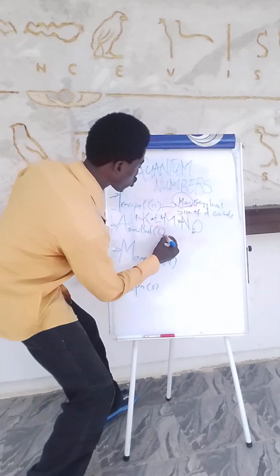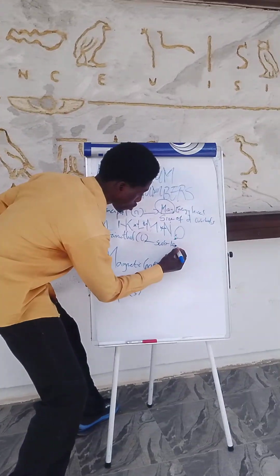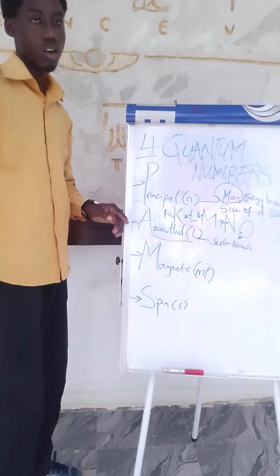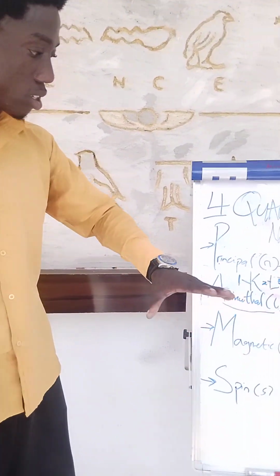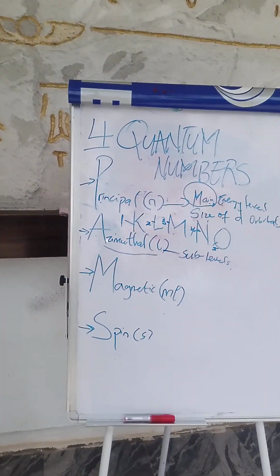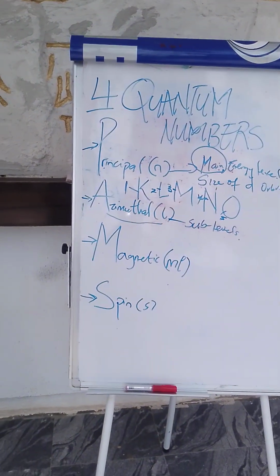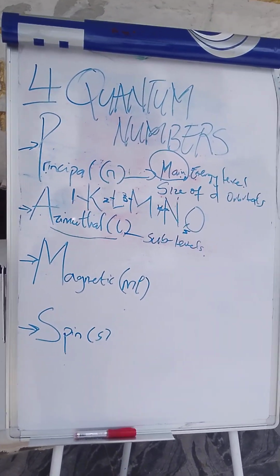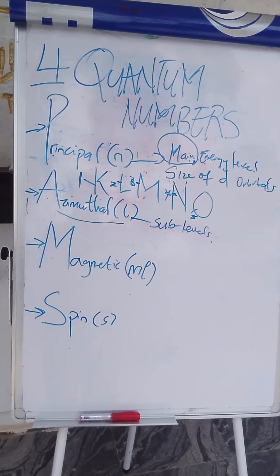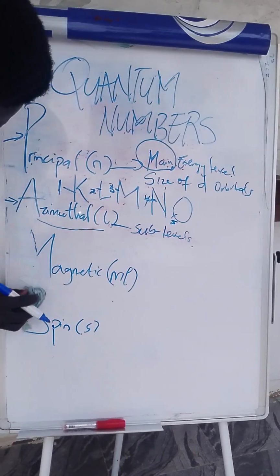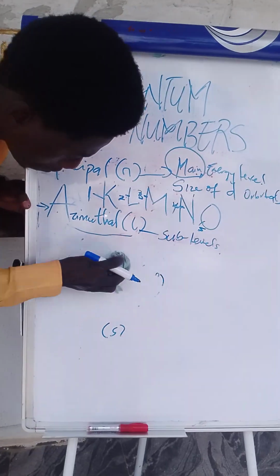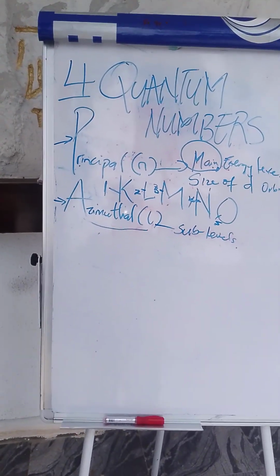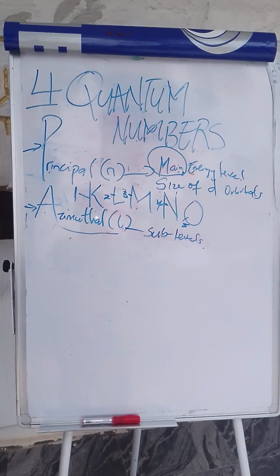But when they are talking about sub-levels, please check azimuthal under the options. Azimuthal describes the sub-levels, and it also describes the shape of the orbitals. Let me clean this part so I can express myself very well. Now let's look at these sub-levels very well.